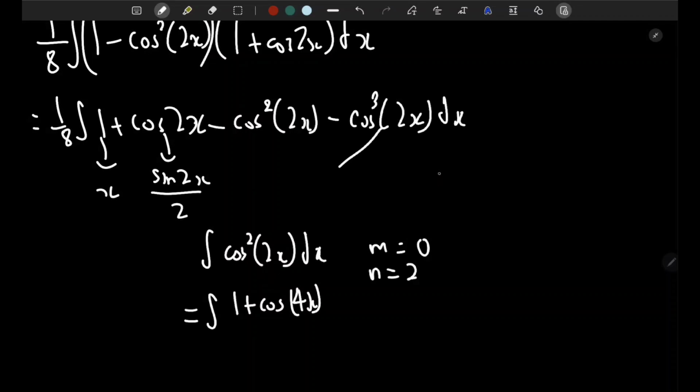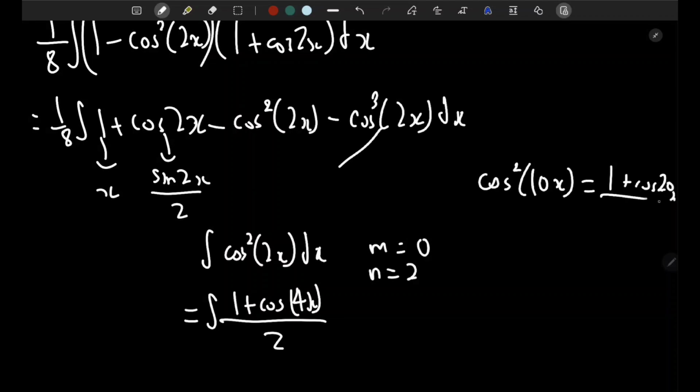So if we have let's say cosine squared x, the half angle will become 1 plus cosine 2x. Here we have cosine squared 2x, so the half angle will become 4x over 2. So let's say we had cosine squared 10x. What do you think the half angle would be? It's going to be 20x, right, over 2.